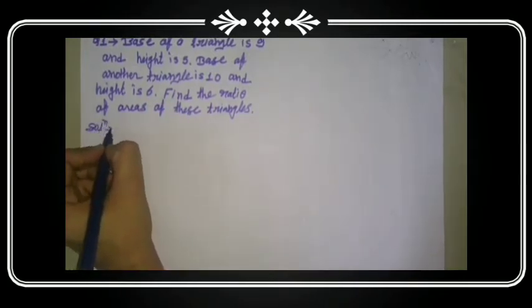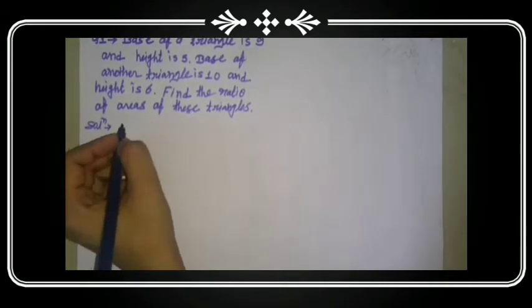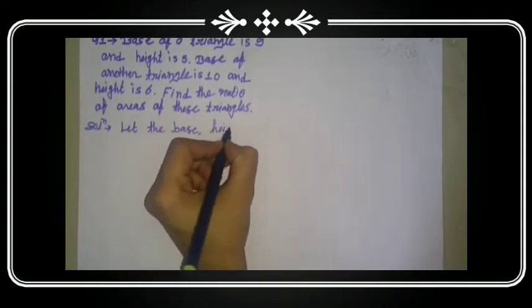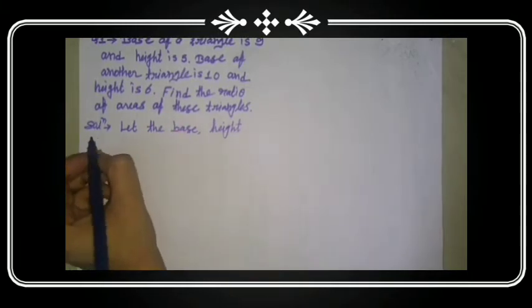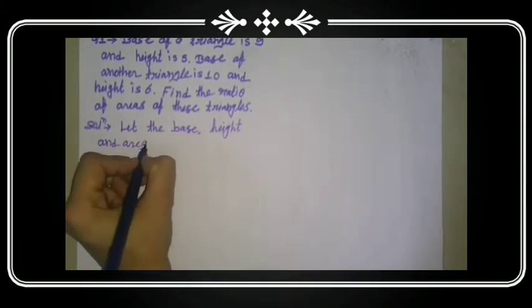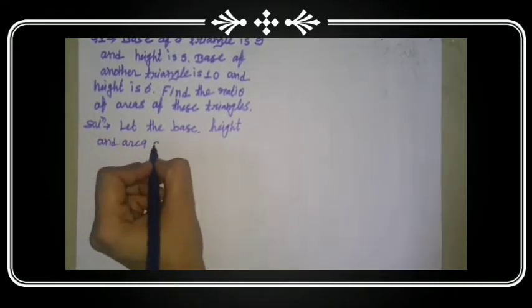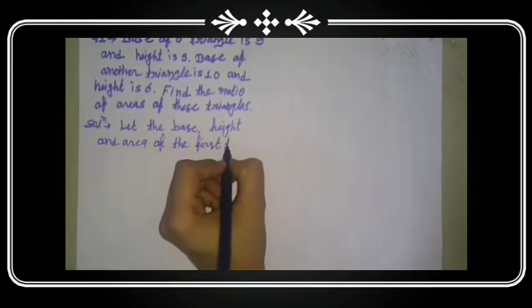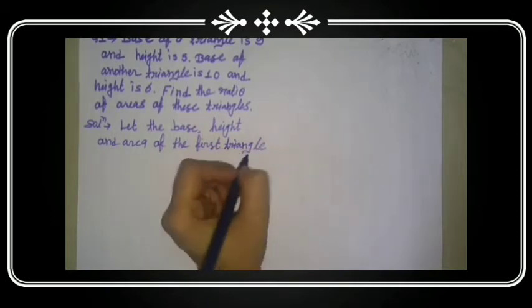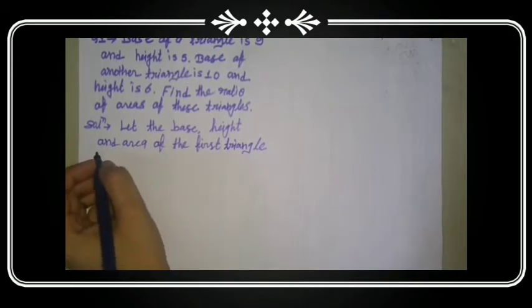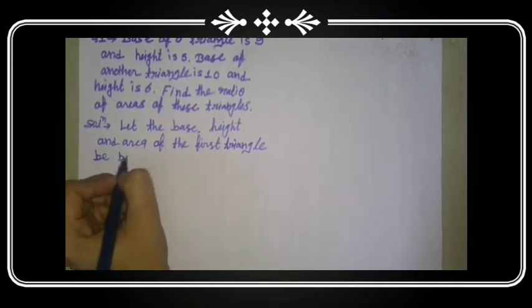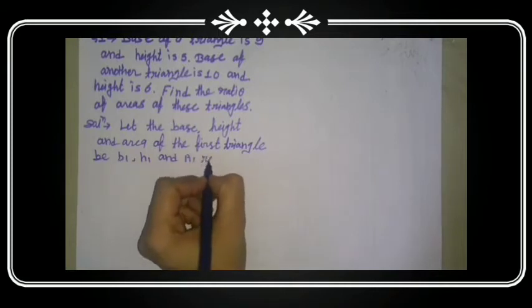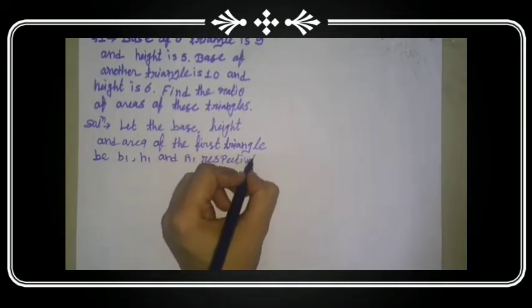Solution. Let the base, height and area of the first triangle be B1, H1 and A1 respectively.